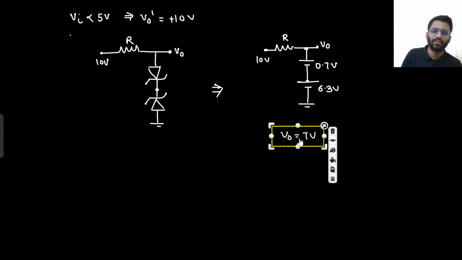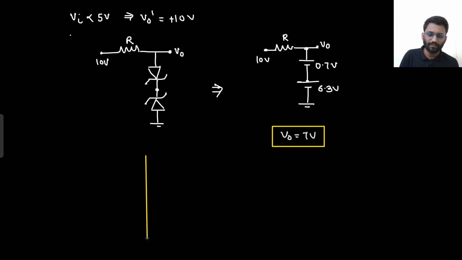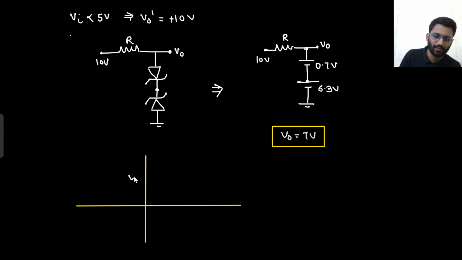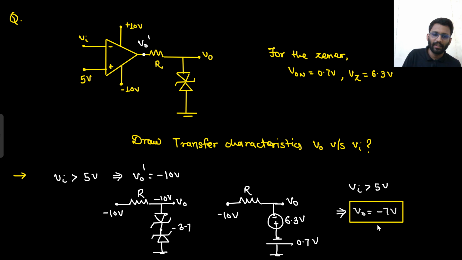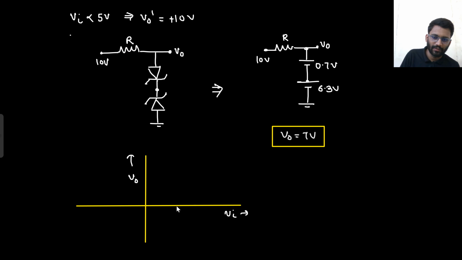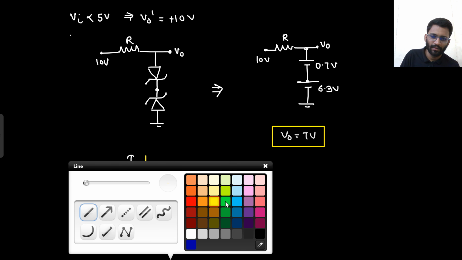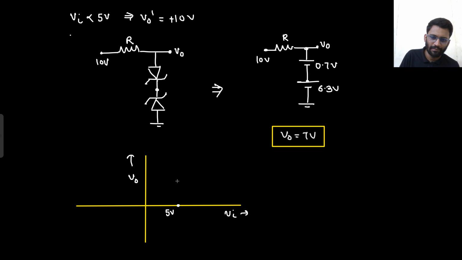Can you draw the transfer characteristics on your own? V naught versus V in. So if V in is greater than 5 volt, this was your threshold, 5 volt, you are getting minus 7, and if it was less than 5 volt, you are getting plus 7.